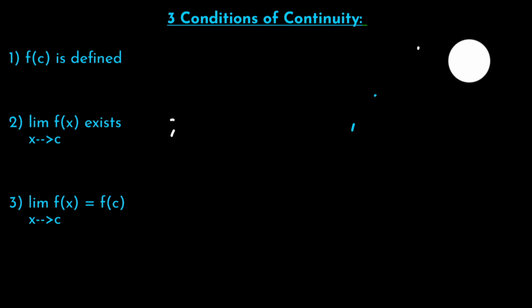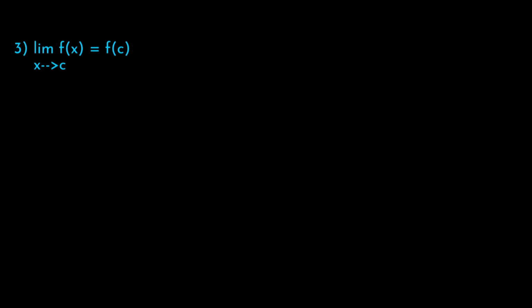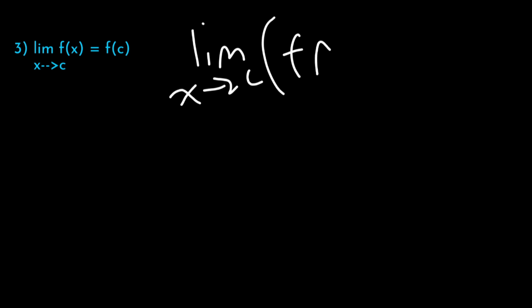Now the third condition of continuity says the limit actually equals the value that you're plugging in. If I have the limit as x approaches a constant c of a function, it's going to equal what I'd get if I plugged in f of c.